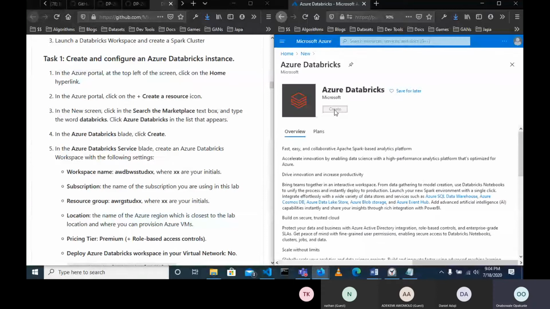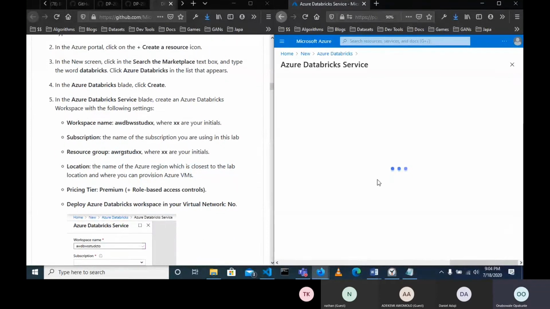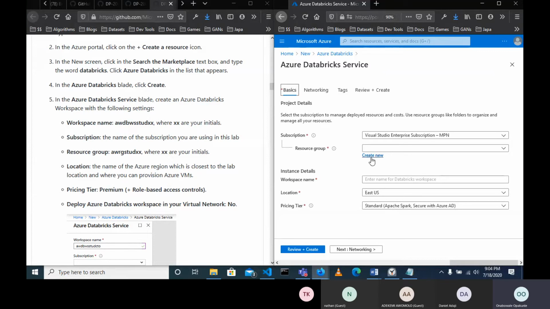All right, create. It usually takes a few minutes to create when you're done. So I don't have a create. Oh, okay, just create it in here. Nah, I don't want to create it there. Create a new one.